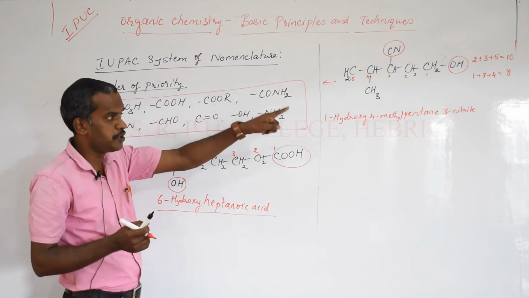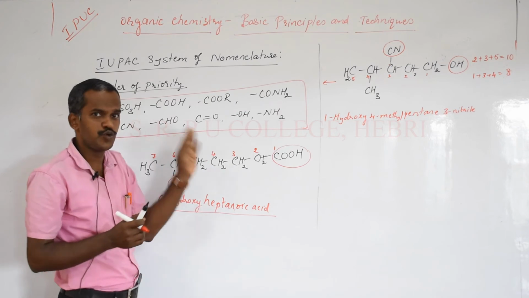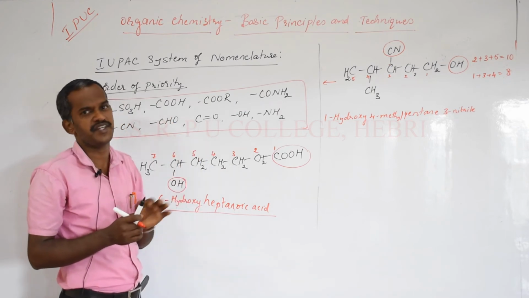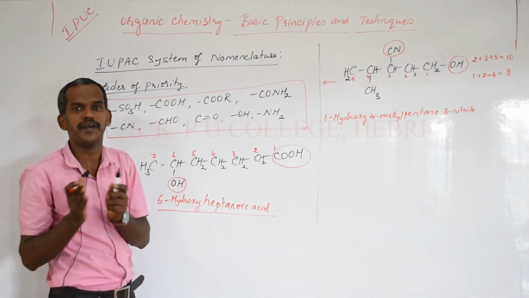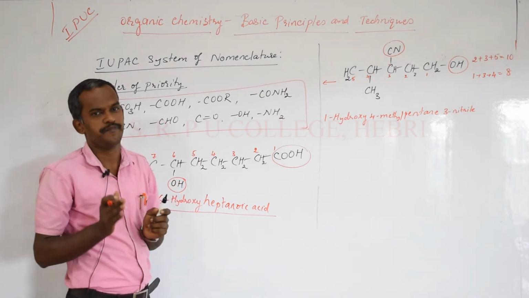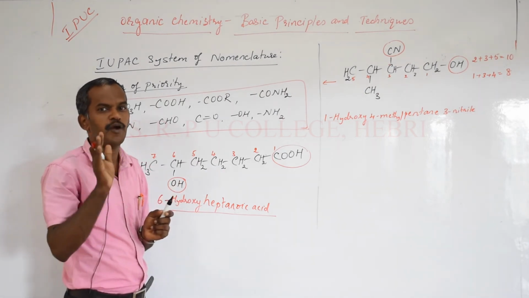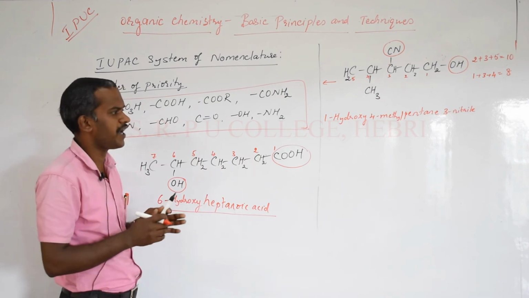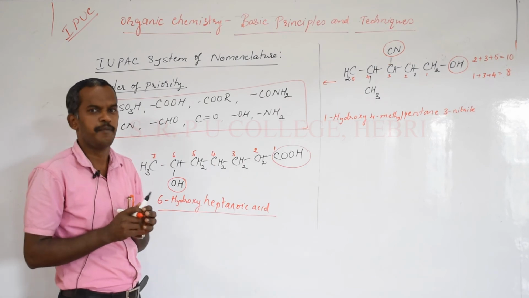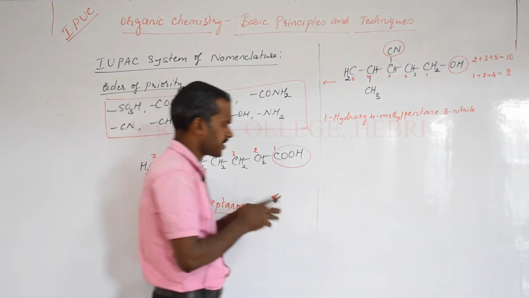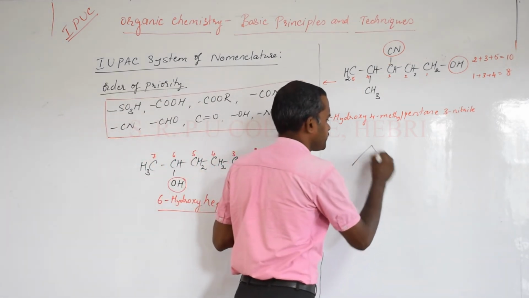And as I told you earlier, whenever there are no substituents present as functional groups, there may be a possibility that just a double bond or triple bond becomes the functional group. Only a double bond or triple bond also acts as a functional group, and among those you have to give importance to the double bond, then to the triple bond. Just like a bond line representation sometimes given like this.